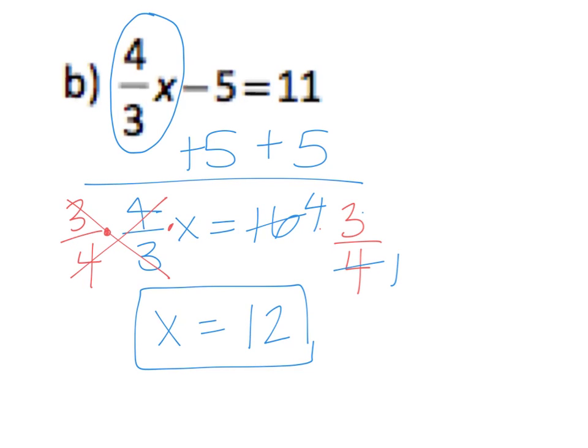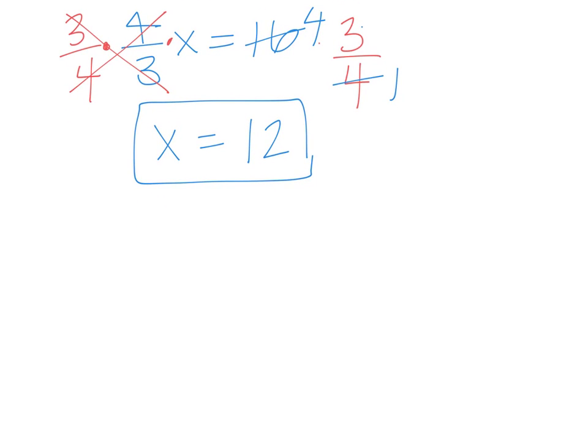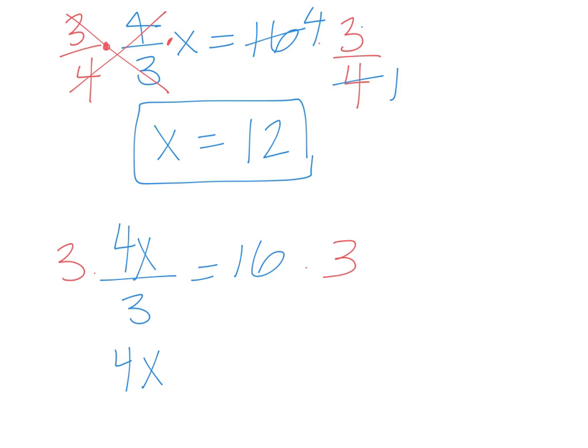Now if that reciprocal stuff doesn't make sense to you, you can think about this the other way. You can say 4x over 3 equals 16. To get rid of that 3 the same way that we did in the first problem, you're going to multiply by 3. So 4x equals 16 times 3.